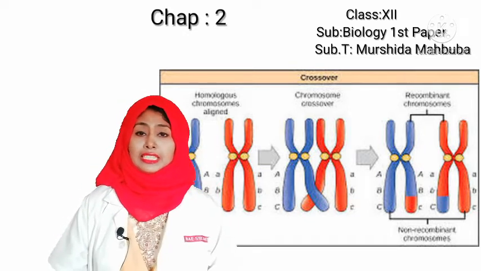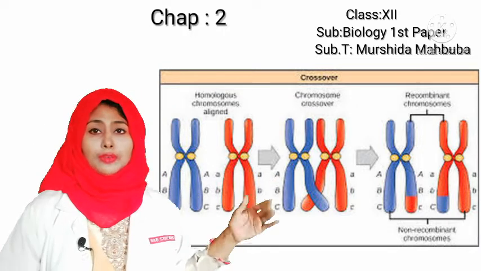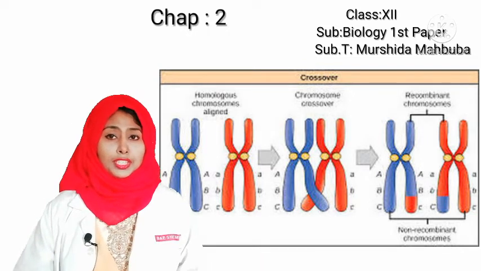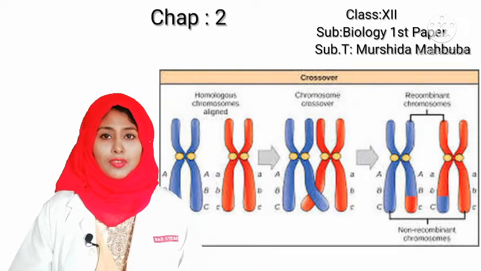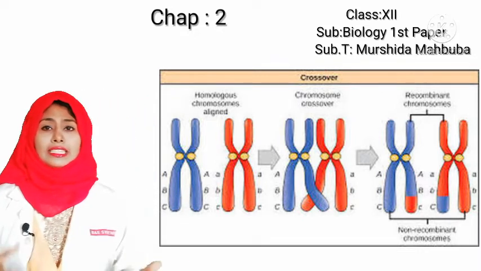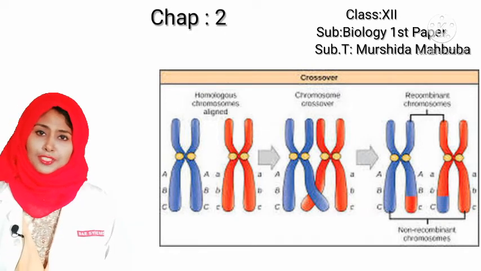My dear students, significance of crossing over. It produces new individuals having new combinations of traits. Crossing over has helped in establishing the concept of linear arrangement of genes.